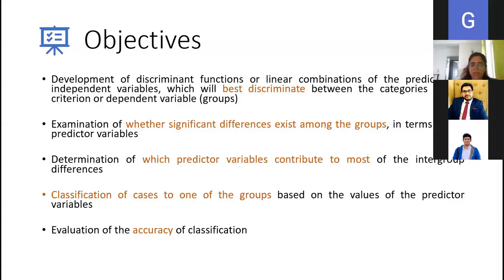We have already discussed this. Based on independent variables, we can classify whether a person will pay or not pay. And evaluation of the accuracy of classification. आपने model बना दिया, but you have to also check how accurate your model is. How can we check the model? Any idea? Test data क्या होता है?